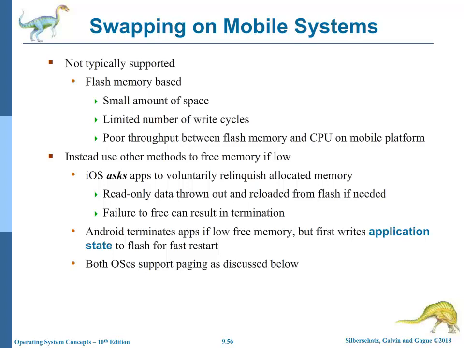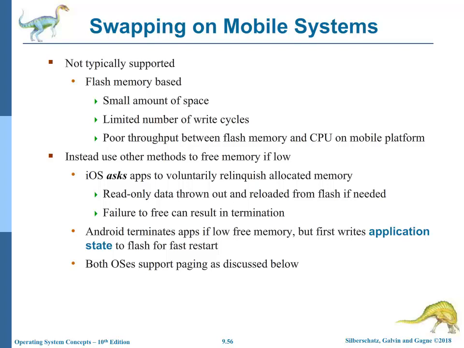Instead of using swapping, when free memory falls below a certain threshold, Apple's iOS asks applications to voluntarily relinquish allocated memory. Read-only data are removed from main memory and later reloaded from flash memory if necessary.